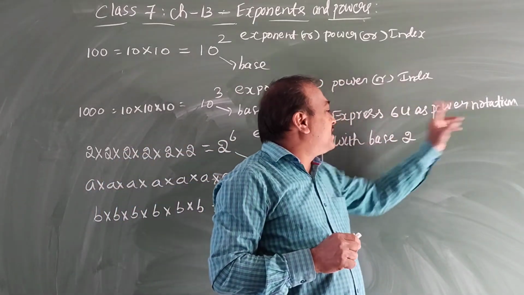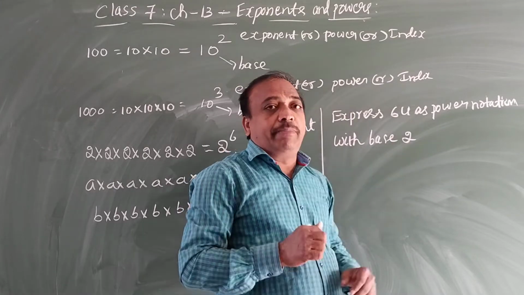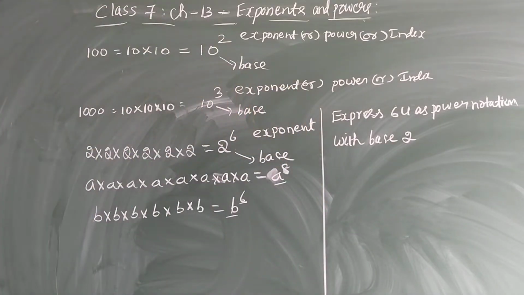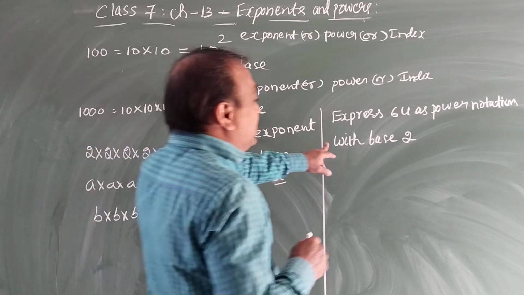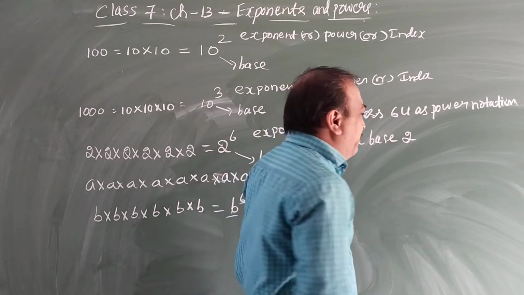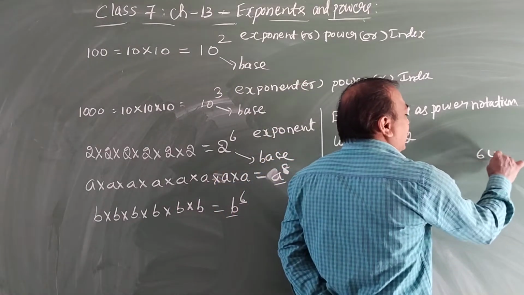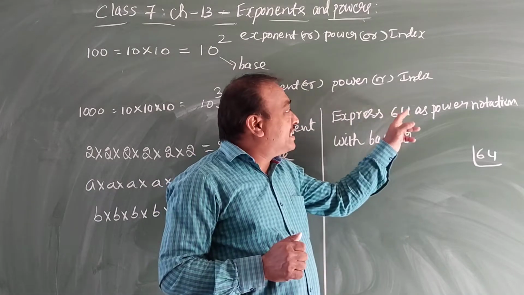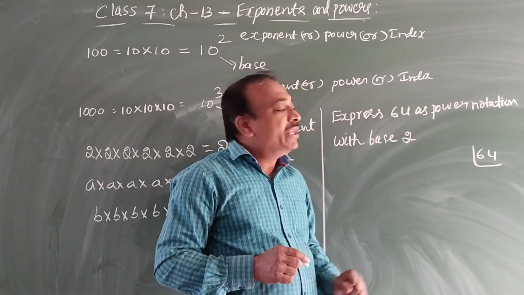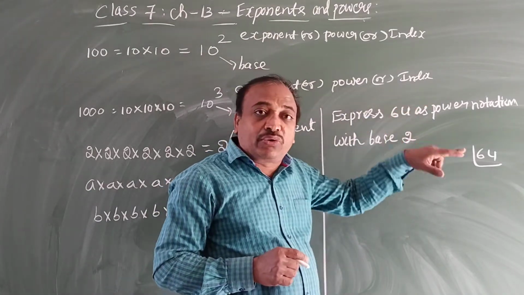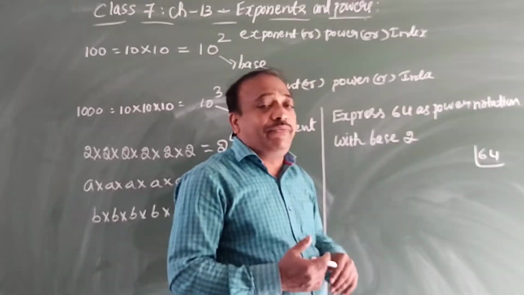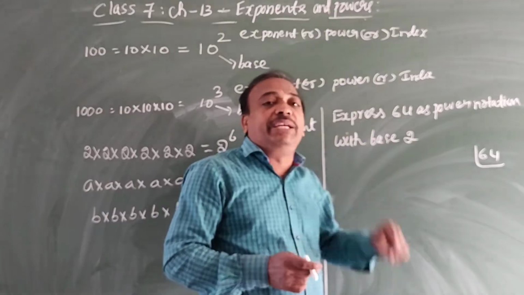Power notation means exponential form. In exponential form you have to express it such that the base must be 2. As we know, you can go for factorization. Even this can be written as 4 cube, 4 into 4 into 4, 64, or 8 square, 8 into 8, 64. But he is asking us that the base must be 2.